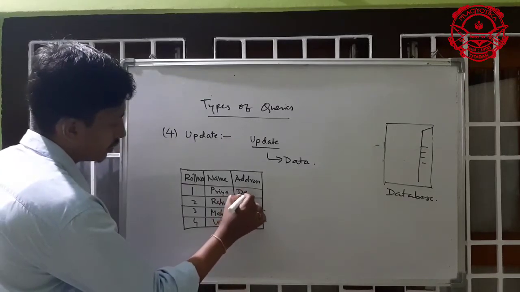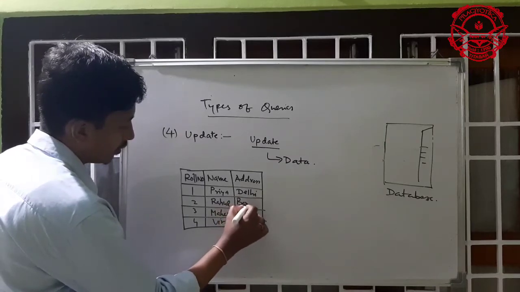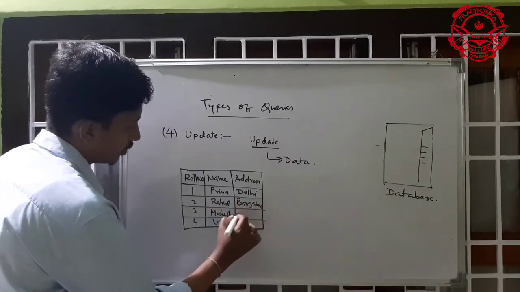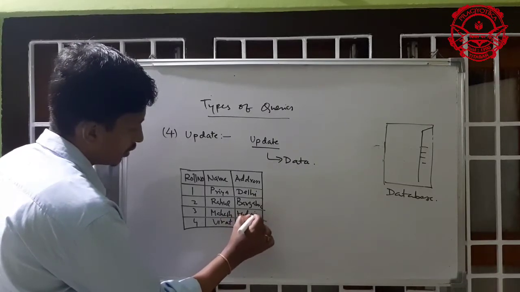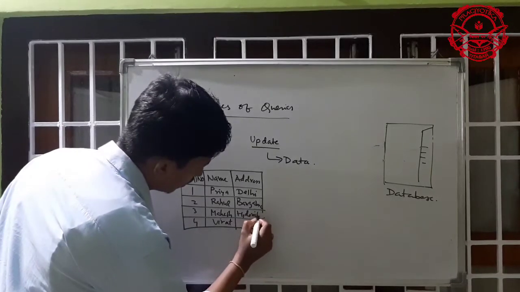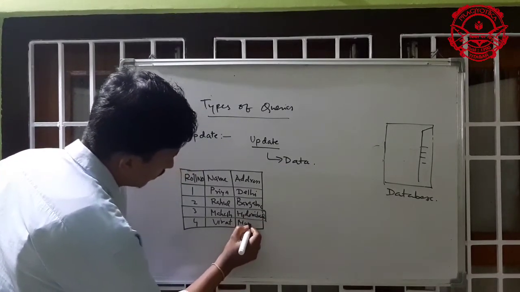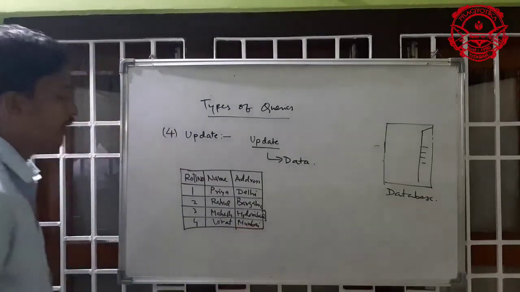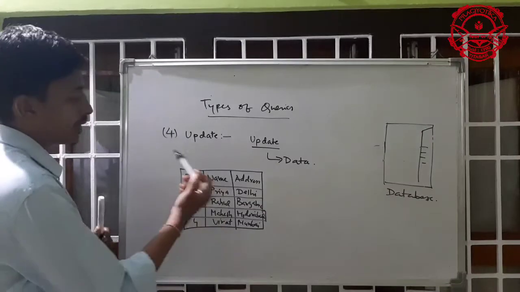Address: Delhi, Bangalore, Hyderabad, Mumbai. Okay, now I can see in this table, this is the roll number, name and address.